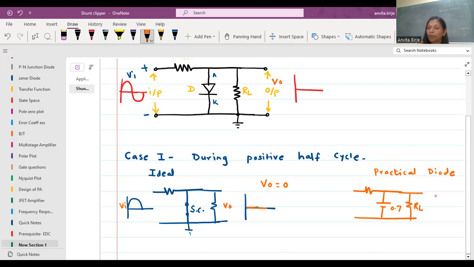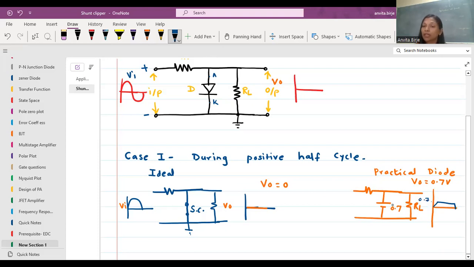So at the output, I'll get 0.7 volts. When I apply the positive half cycle to this circuit, practically I'll get 0.7.